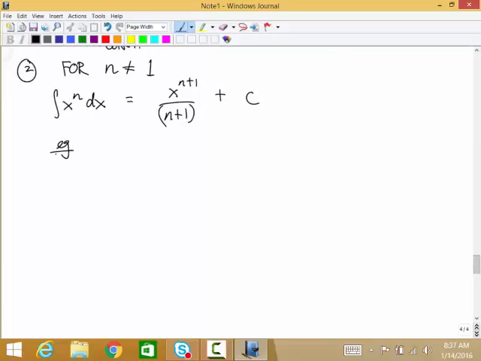So for example, the integral of x to the fourth dx is equal to x to the fifth over 5 plus c.